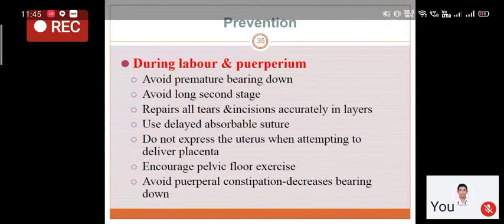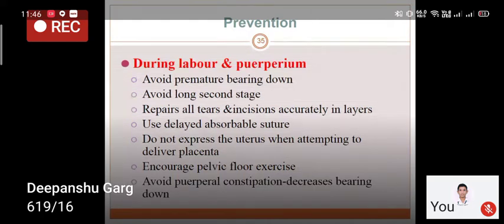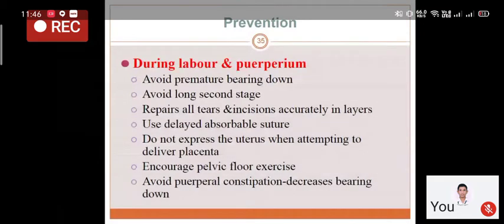And the patient should be encouraged to do pelvic floor exercises after delivery. These are very, very important. The Kegel exercises should be told to each and every woman who has given vaginal birth.